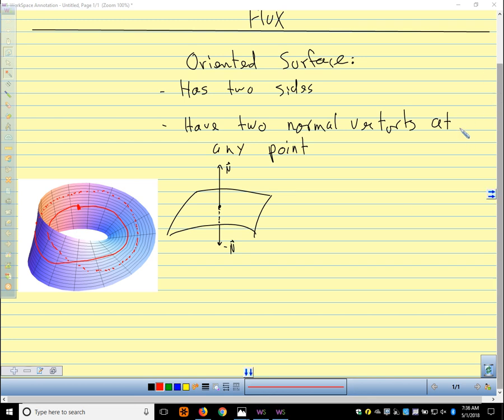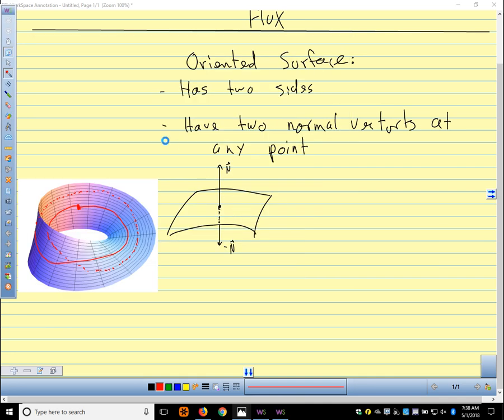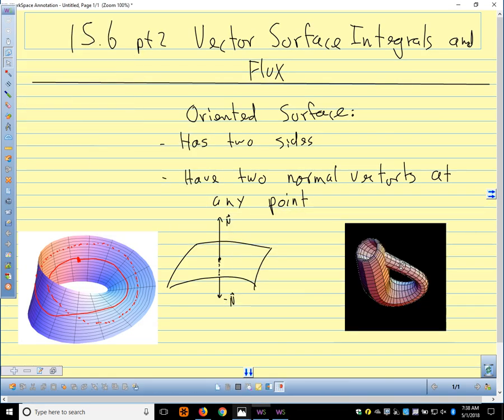And an example of a solid is a Klein bottle. This one is a Klein bottle. It's a one-sided three-dimensional surface, but the point where they intersect is in the fourth dimension.